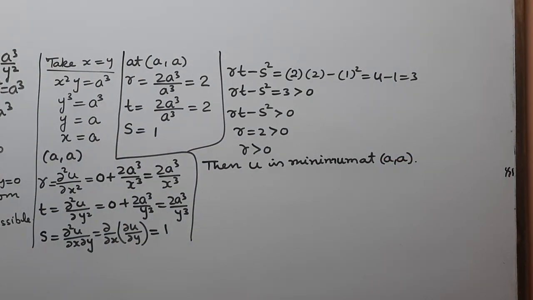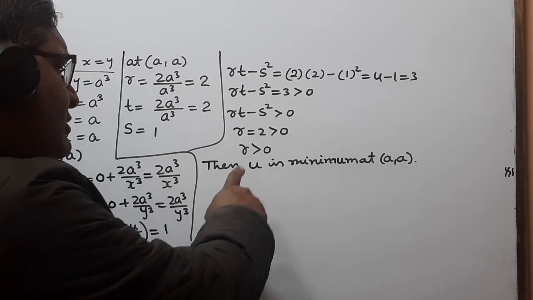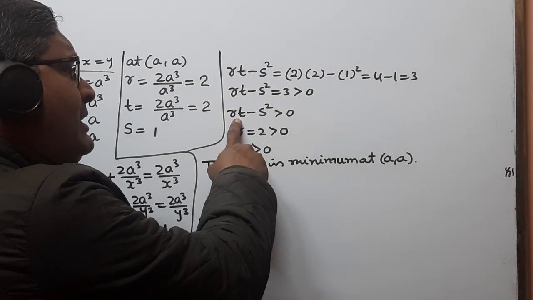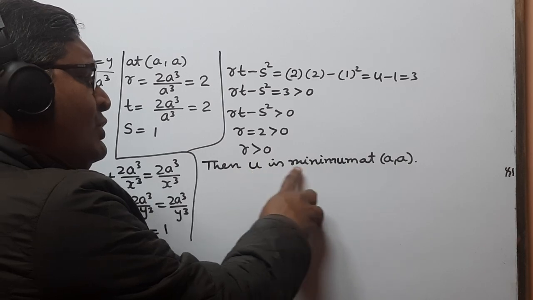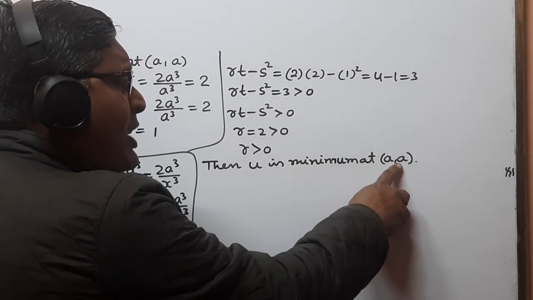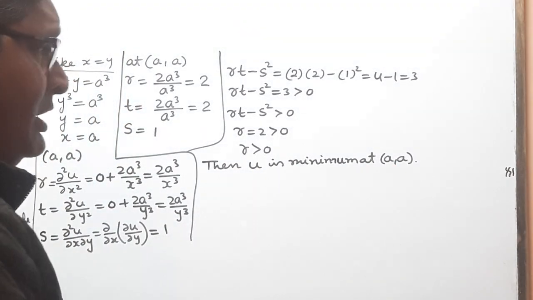Here you can see that when r is positive and rt minus s square is greater than 0, then u is minimum at the point (a, a).